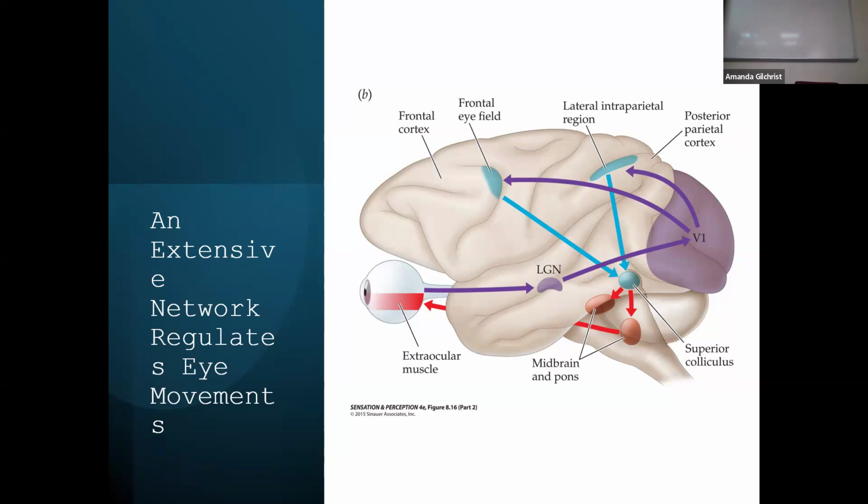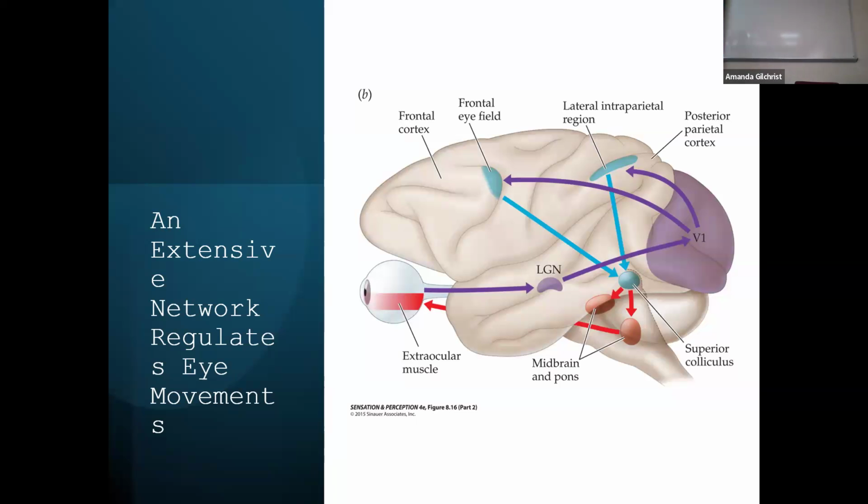This information is going to be sent to primary visual cortex. It will also be sent to areas like the frontal eye fields in the frontal lobe, the lateral intraparietal region, and the posterior parietal cortex. Additionally, here is the superior colliculus of the midbrain. This is going to make contact with areas like the midbrain and the pons of the brainstem as well. So this is a very wide interconnected network that helps regulate some of our eye movements.